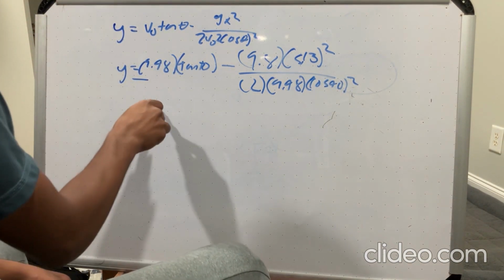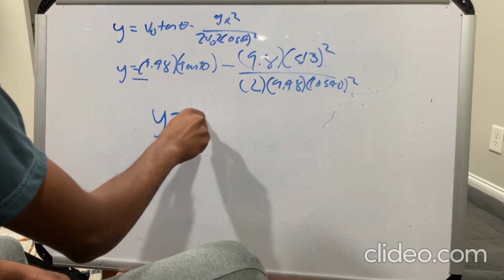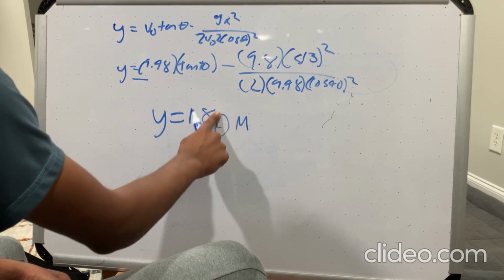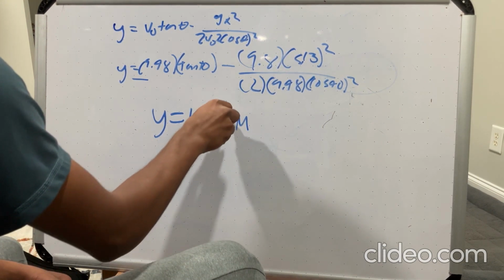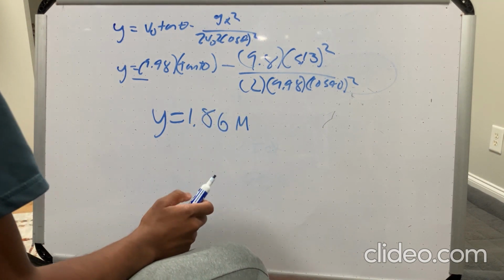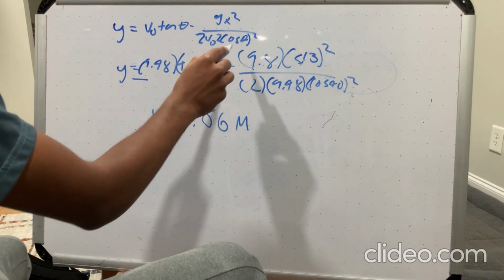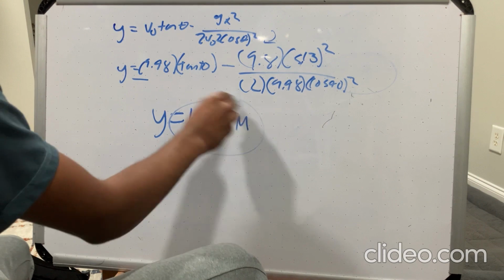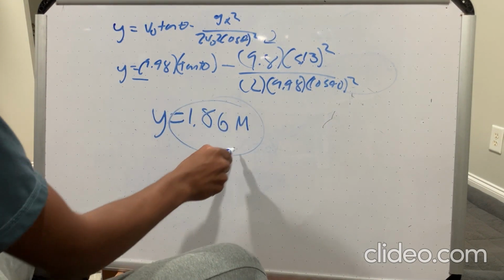And then y equals the grand finale, 1.86 meters. There is 1 point for correctly substituting in values. There is 1 point earned for the correct answer, and 1 point earned for correct units.